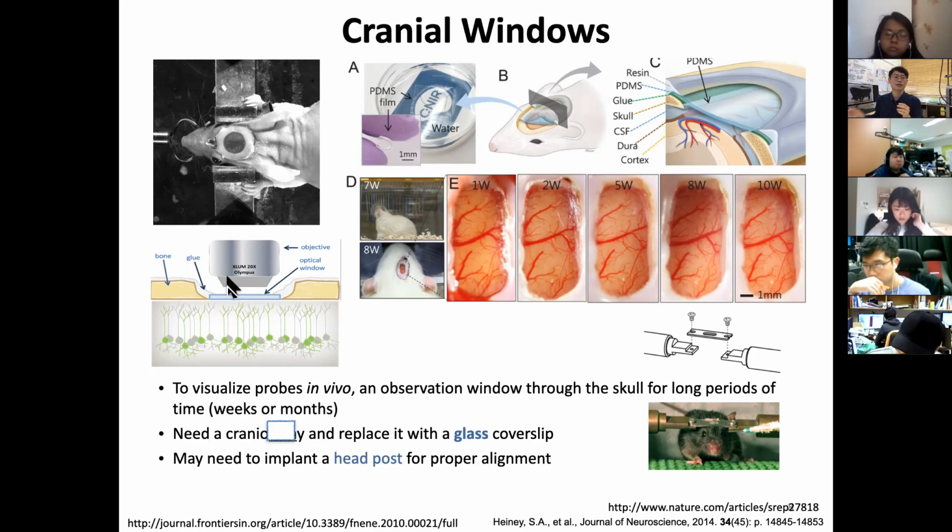So how long can this window last? It depends on the surgical skills and sterility of your surgical environment. Depending on your purpose, you can observe acutely, just right after surgery, do the experiment and finish. But many times, you also want to do a long-term or longitudinal study.